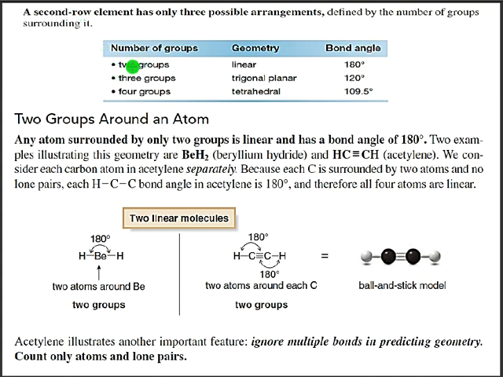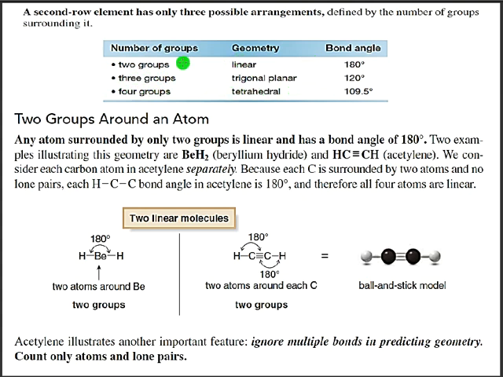Atoms surrounded by 2 groups, that means this molecule will be linear. Atoms surrounded by 3 groups will be trigonal planar. Atoms surrounded by 4 groups will have tetrahedral geometry.